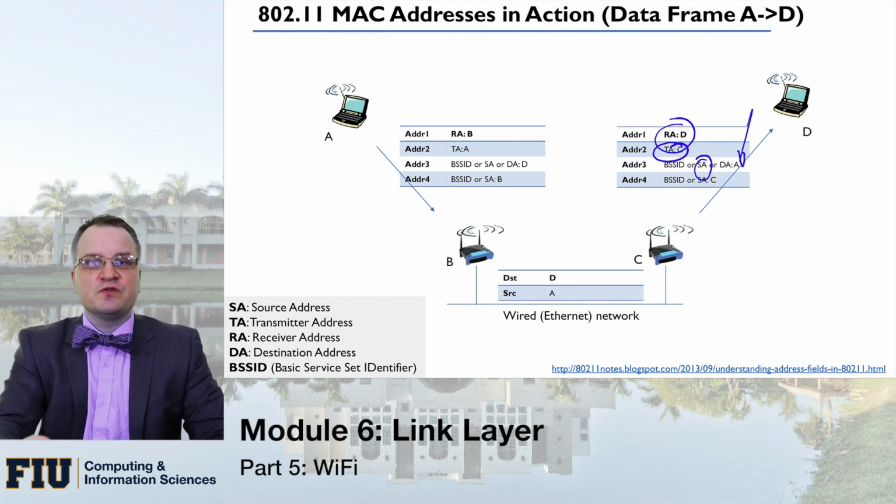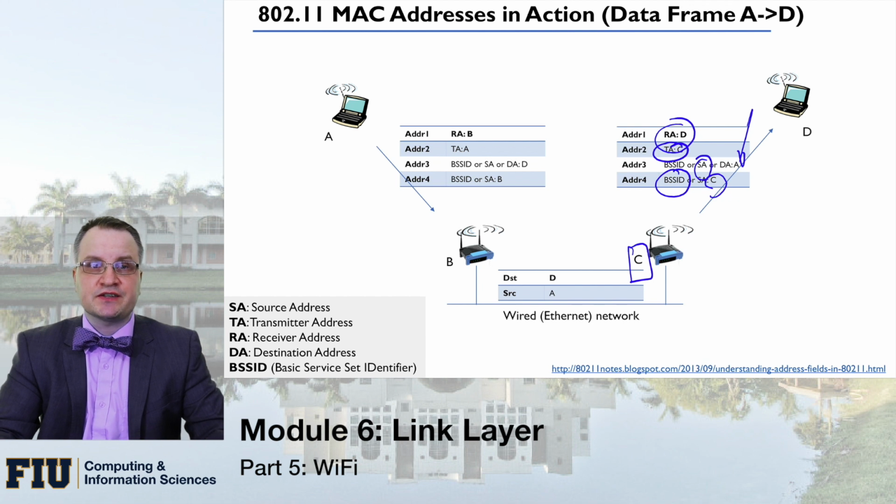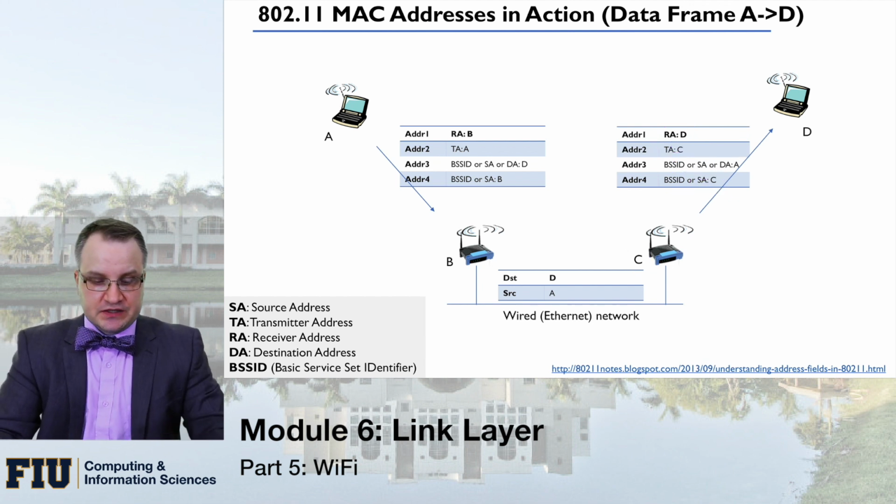It will follow the logic from these addresses. And for address 4, we don't have anything missing at this point, so we specify BSSID, and that's effectively it. In this case, BSSID is C, which is the MAC address of this access point.